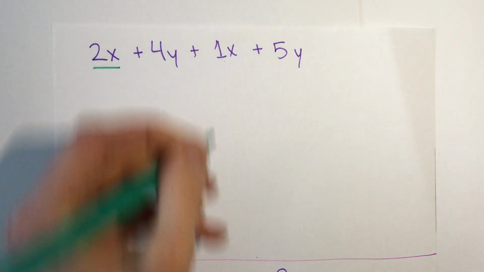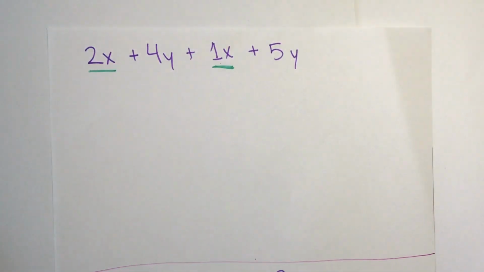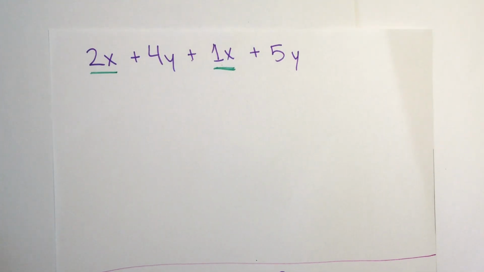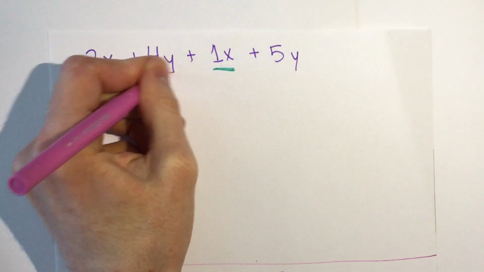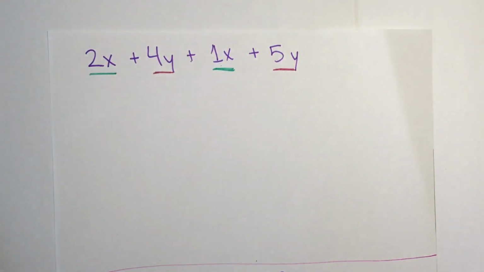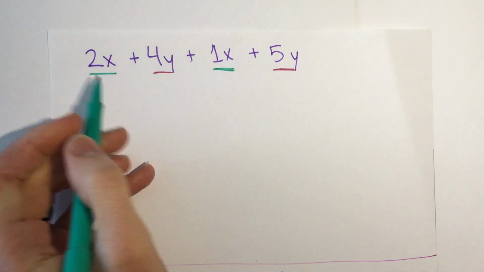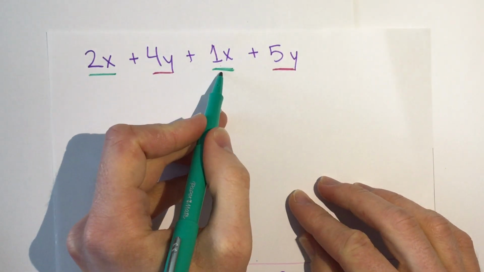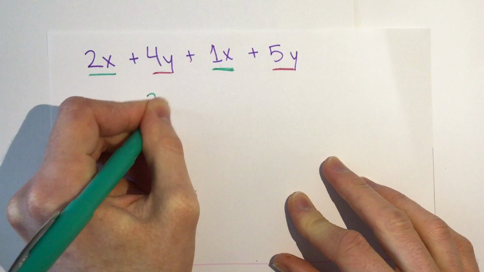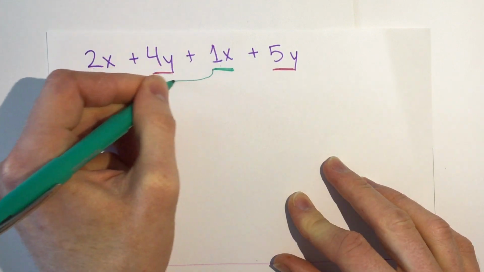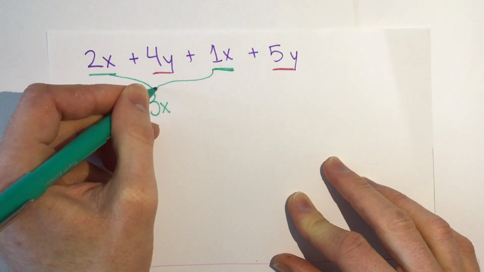Here we have 2x and 1x. Those would go together, and then 4y and 5y would go together. So then we look at adding each of those like terms. 2x plus 1x makes 3x. We can make a little arrow here showing that.